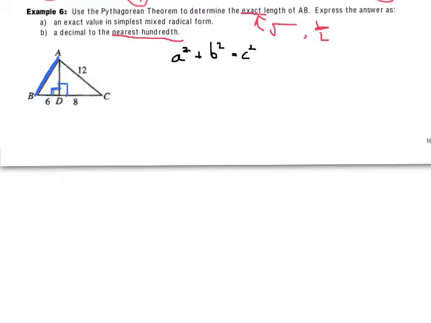Unfortunately, if we just look at this triangle here, we only have one side, and that's the 6 over here. We need to get this side over here. Let's call this side A, and let's call this side B. Let's call that side B, and then let's call this side over here C.